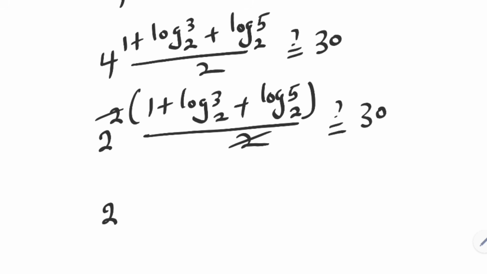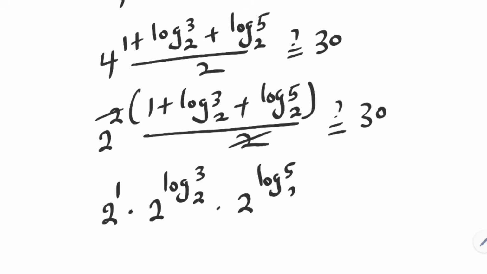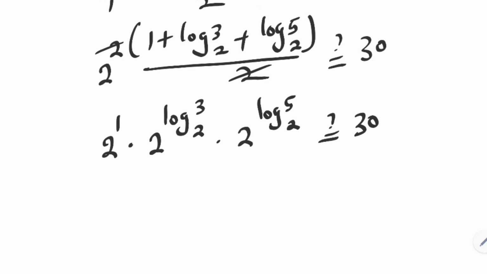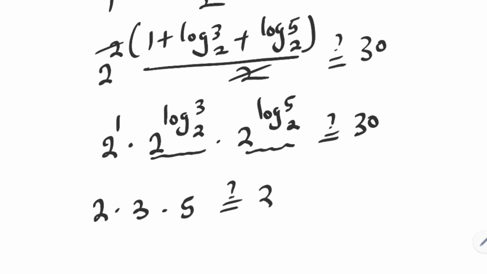Then this can be written as 2 raised to power 1 multiplied by 2 raised to power log 3 base 2 multiplied by 2 raised to power log 5 base 2 must be equal to 30. Then the whole of this is 2 multiplied by 3 multiplied by 5 must be equal to 30.